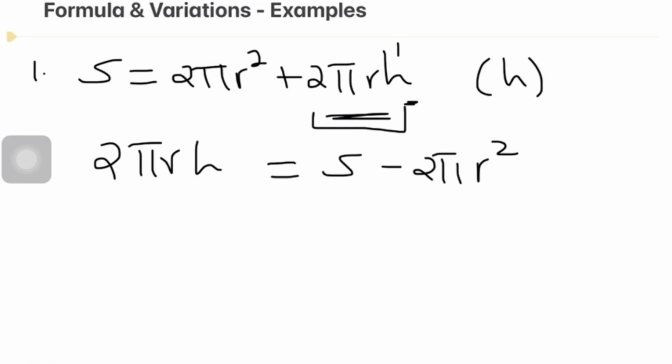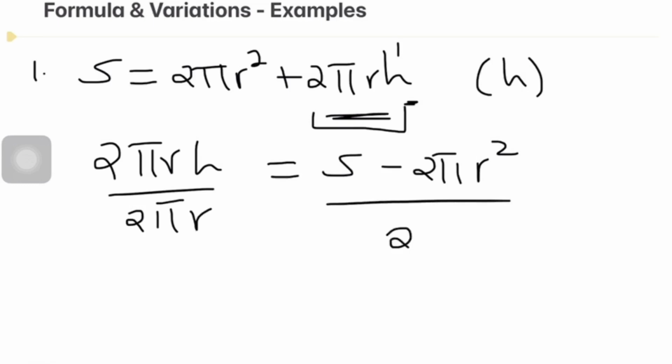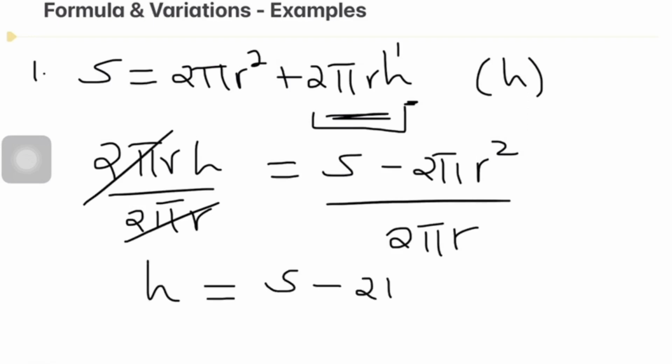Because we only want h to appear on the left hand side, then everything else goes to the right hand side. So the only way that we can do that is by dividing both sides by 2 pi r. 2 pi r cancels with 2 pi r, and your h is equal to s minus 2 pi r squared divided by 2 pi r.